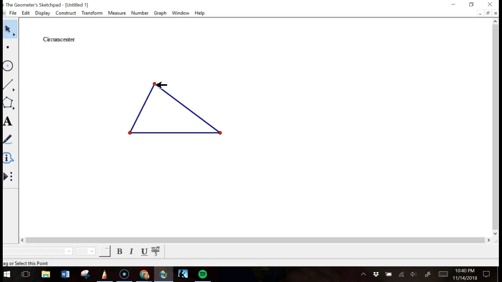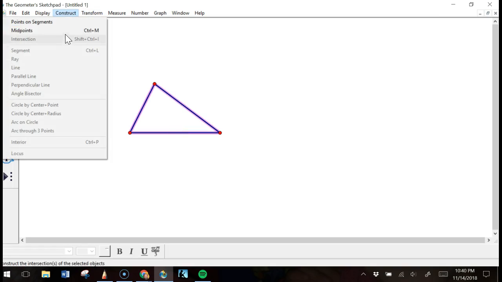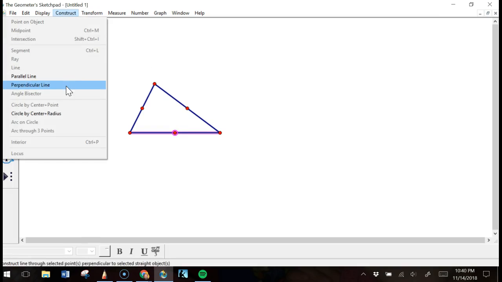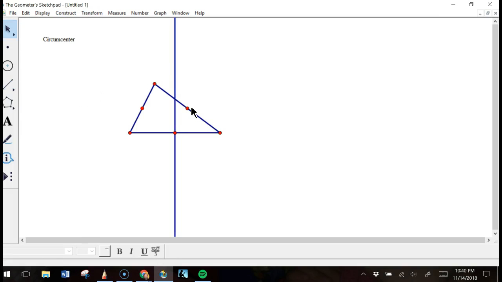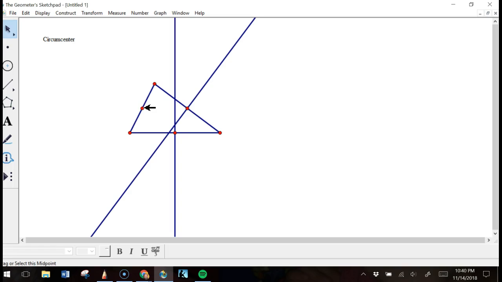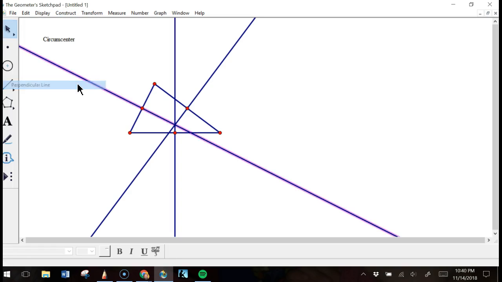So I'm going to find the midpoint for all three of these sides. We're going to construct the three midpoints, and then construct perpendicular bisectors. So I want to be perpendicular to that side through that point, perpendicular to this side through that point, and then perpendicular to this side through this point.